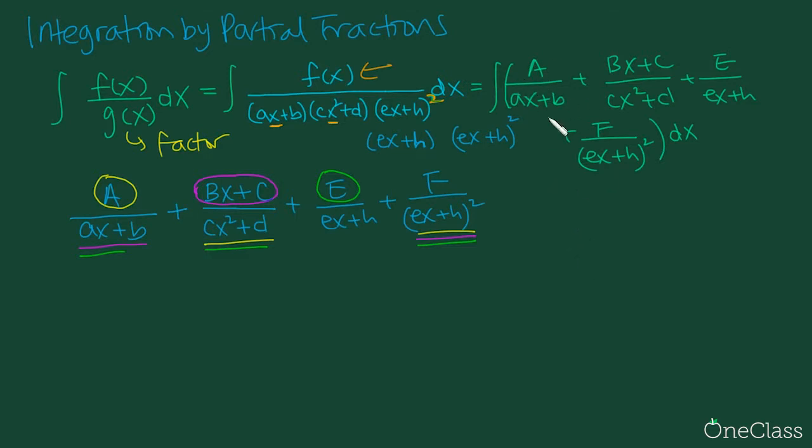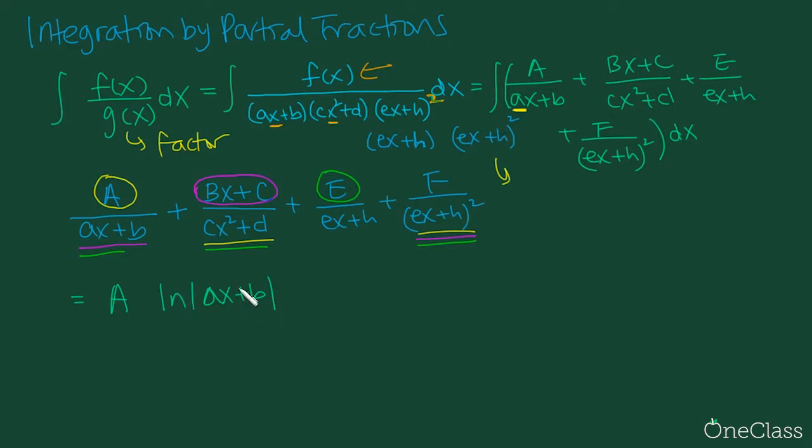Usually this is a linear form, and that looks like the derivative of ax + b. So you will have to account for this factor a, and you will be using ln. That can be translated as A times ln of the absolute value of ax + b.